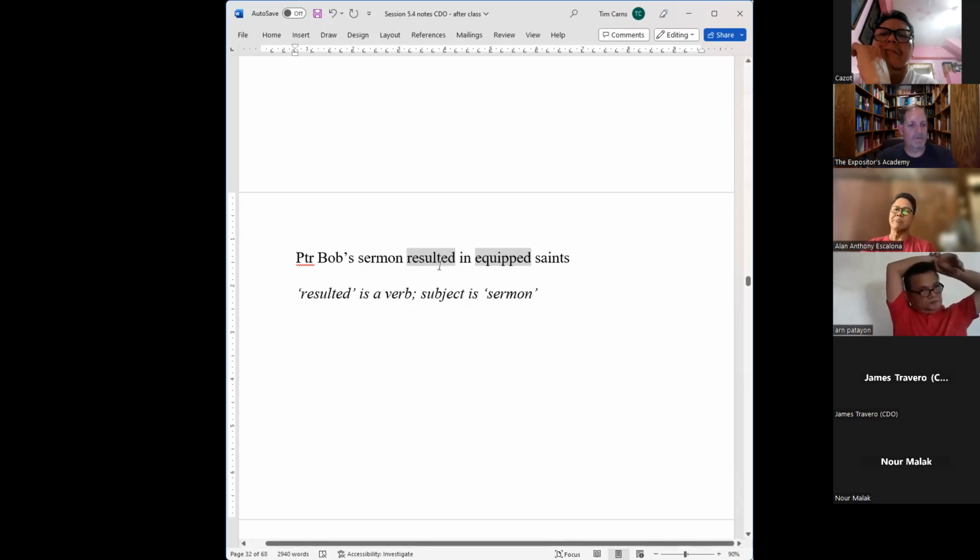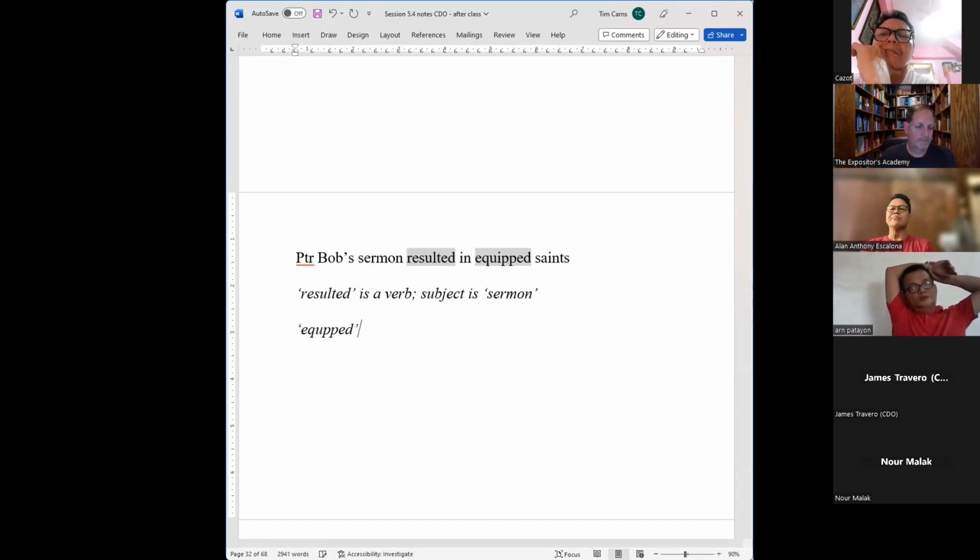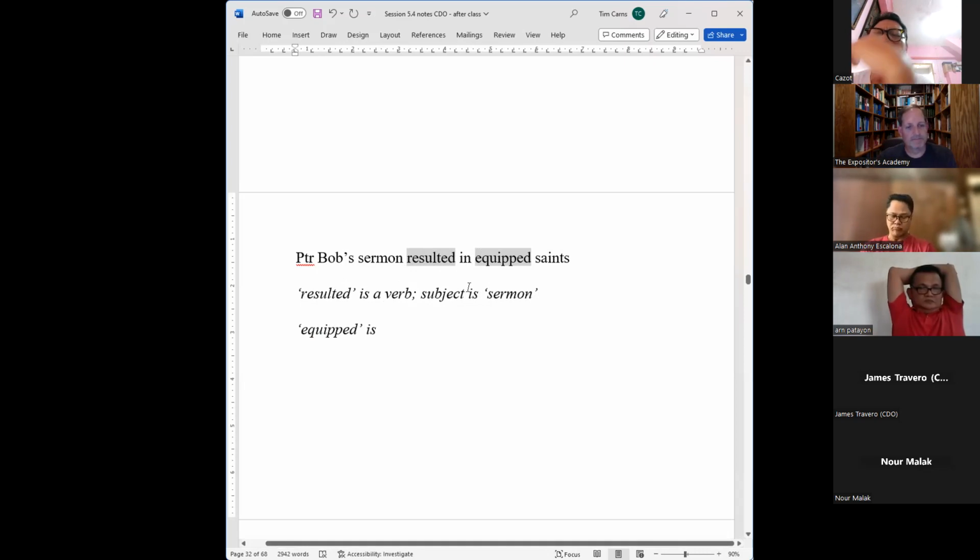Okay, how about equipped? Still a verb. All right, what's the subject then? The saints? No, it's modifying saints. It's telling us something about the saints, right? The saints are equipped. They're equipped saints.